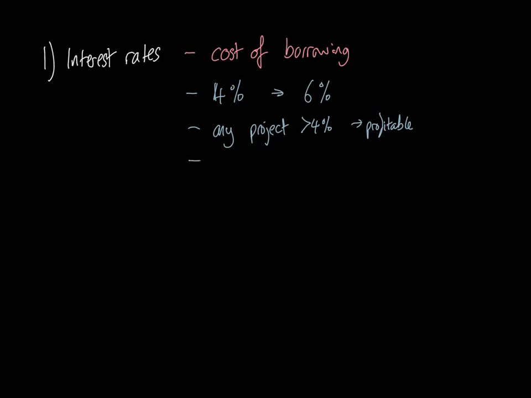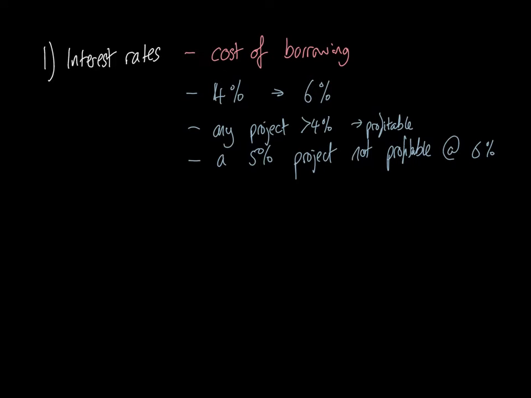But now that project, a 5% project, is no longer profitable at 6% interest. When the interest rate rises from 4 to 6, projects with a return in between those values cease to be profitable, and therefore the firms considering those projects are probably not going to undertake them.